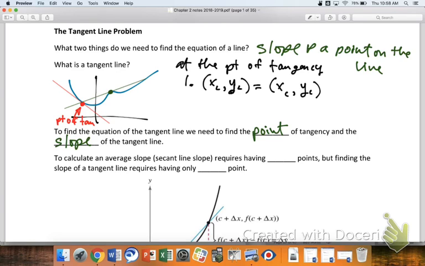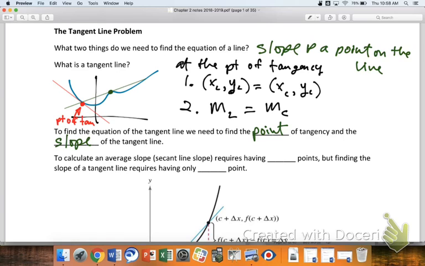So yeah, I'll say it again. The point on the line and the point on the curve are the exact same thing. Make sense? That's what an intersection point is, right? They're in the same place. And then the other thing that's always true about the point of tangency is slope of the line is equal to slope of the curve. Slope of line equals slope of curve.